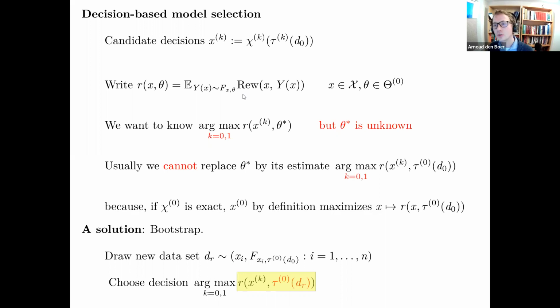So you can also see it in this way indeed. In this formulation up to now, it's not dynamic, it's just static. There's a fixed data set. But in a few slides, I will also mention that you want to do this in a dynamic way. As your data increases, at some moment, you want to switch from the simple model to the complex model. And the question is when. Thanks for the question.